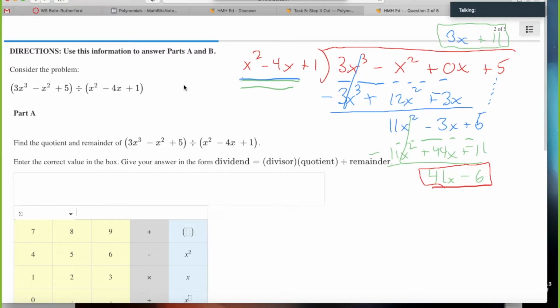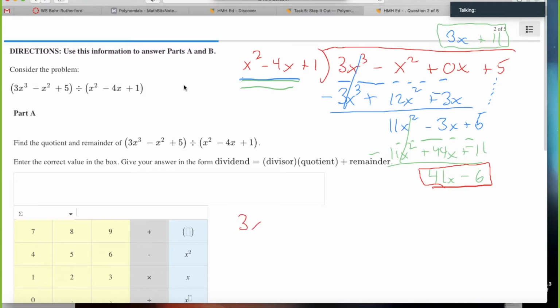So again, they want us to give our answer in the form of dividend equals divisor times quotient plus remainder. So let's see here. Our dividend is our original function.